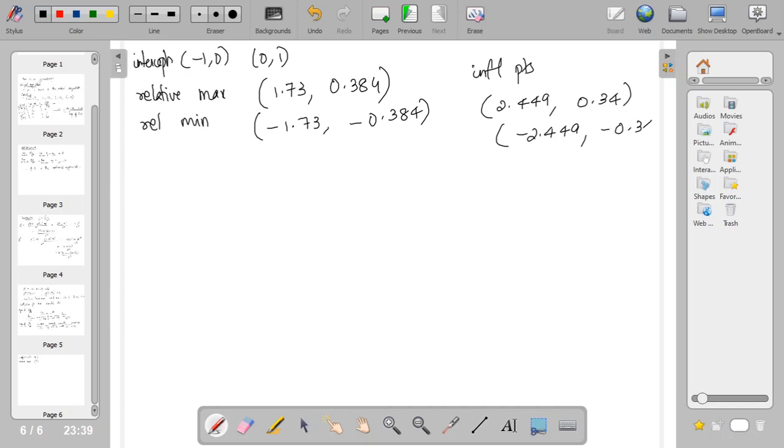So these are the points. Okay, what remains are the asymptotes. So let us draw the curve.